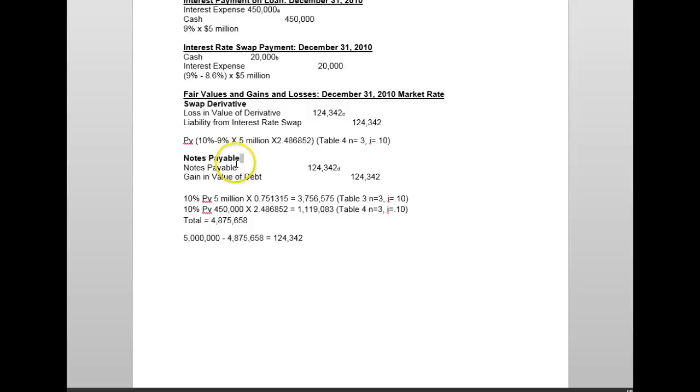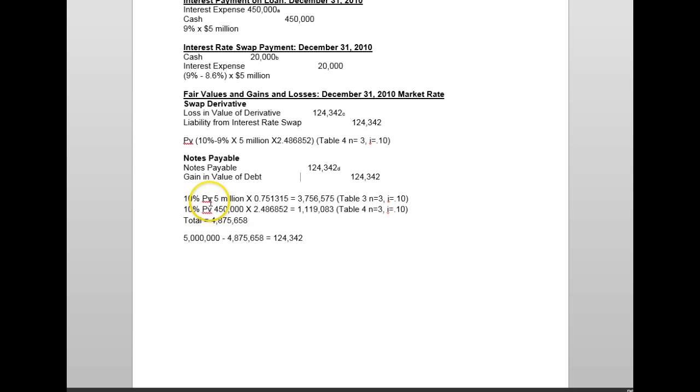So in this case, the rate is higher. So that would actually mean my note's not worth as much, in essence. So my note payable now has to be brought back.